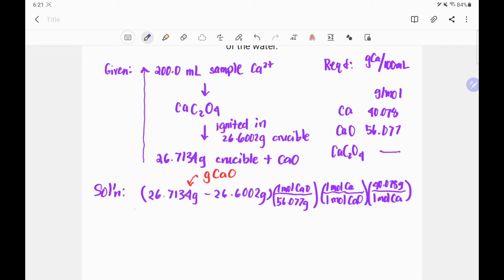If we divide everything by 200.0 ml of sample, our final unit would be grams calcium per ml of sample. But since we want per 100 ml, we need to convert the bottom into per 100 ml. So, if I divide the bottom by 2, that's now 100 ml.